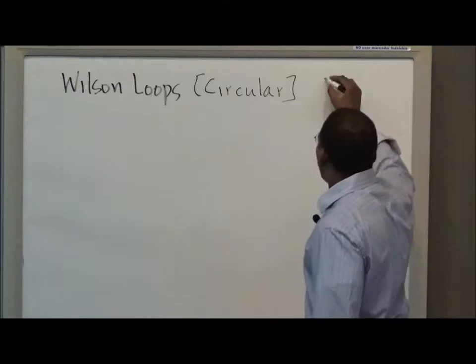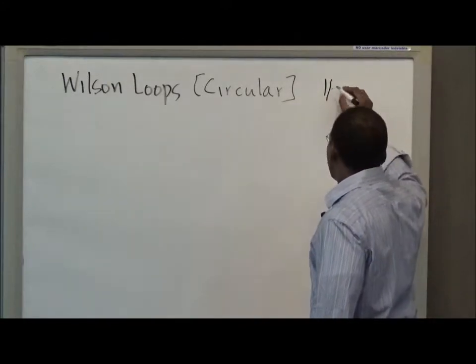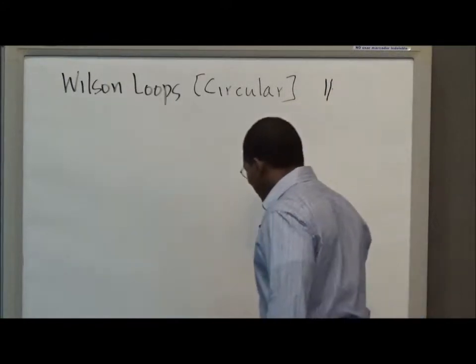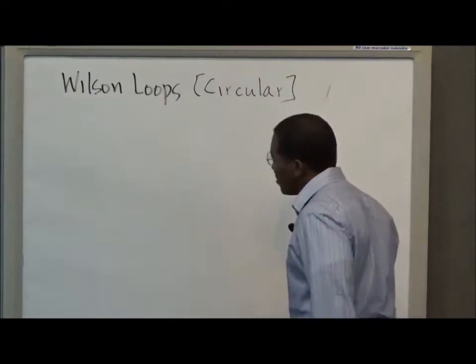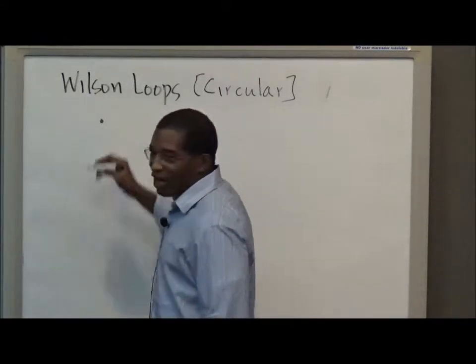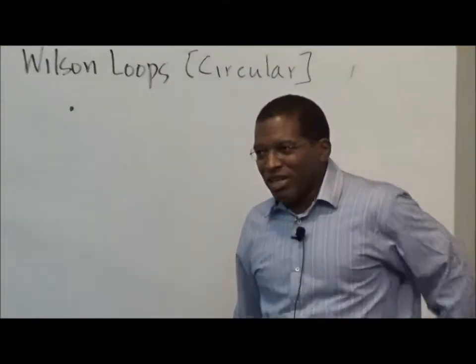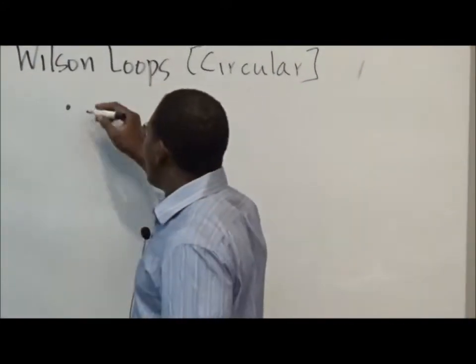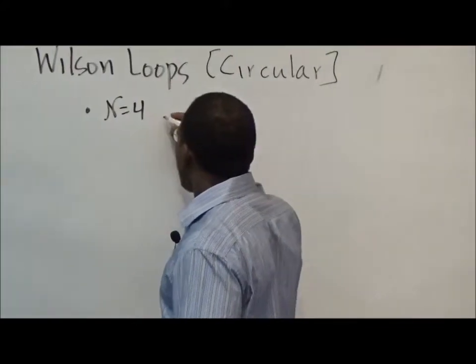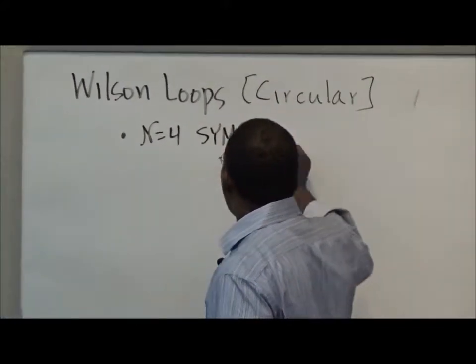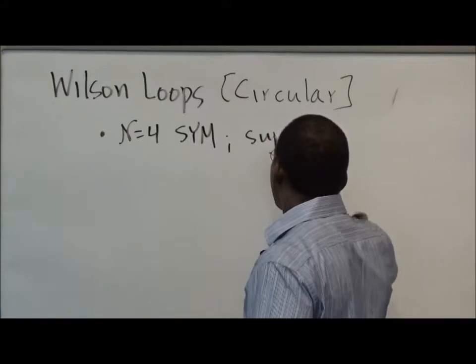So this is a half BPS operator. I'm not getting into a lot of detail, but this is a very important operator. I already sung the praises of the Wilson loop in any gauge theory, but in particular in N=4 super Yang-Mills this is a supersymmetric operator.